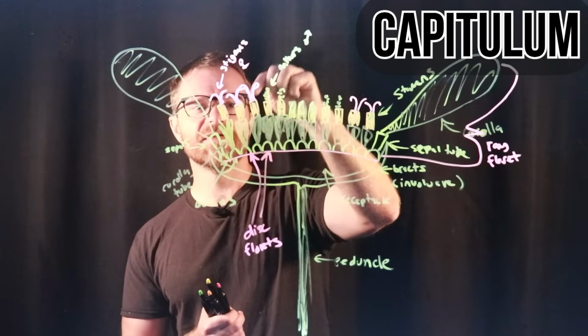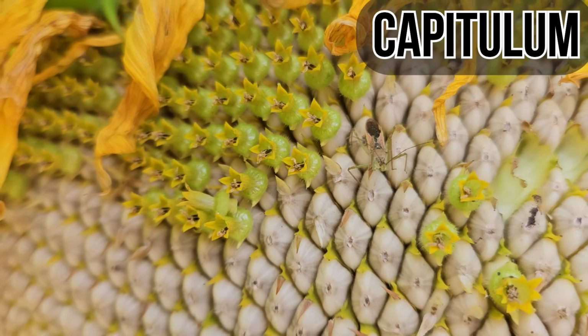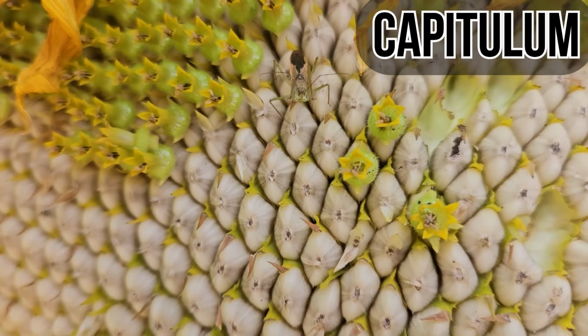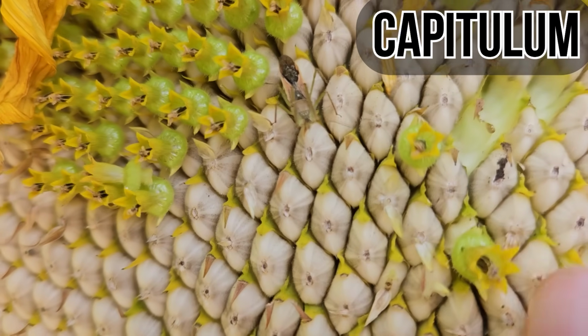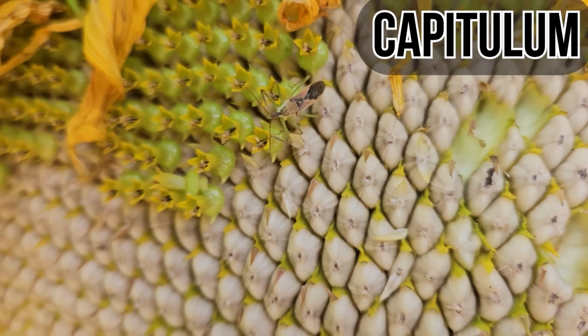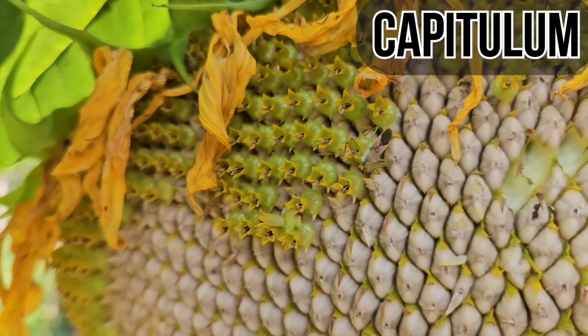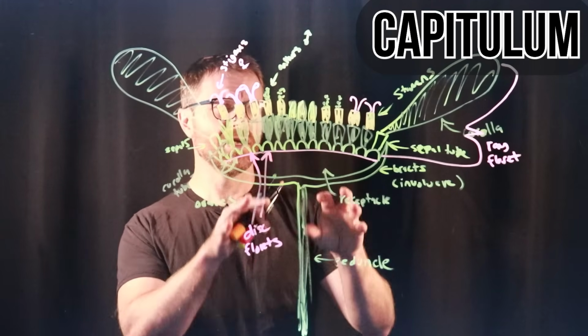And each of these individually get fertilized. Each of them have their own unique, or maybe unique, mix of genes down in their eggs, which will eventually become their seeds. And so there's going to be a massive amount of genetic diversity that can come about as a result of pollination in one of these capitula.